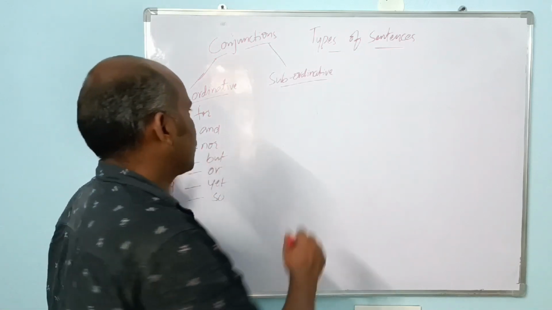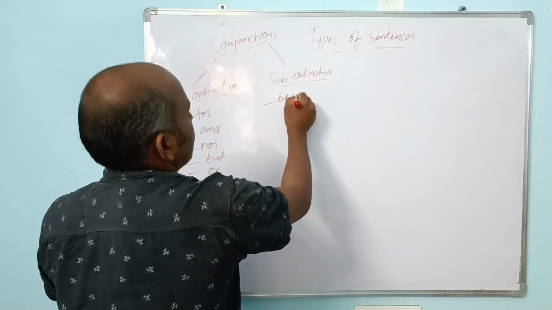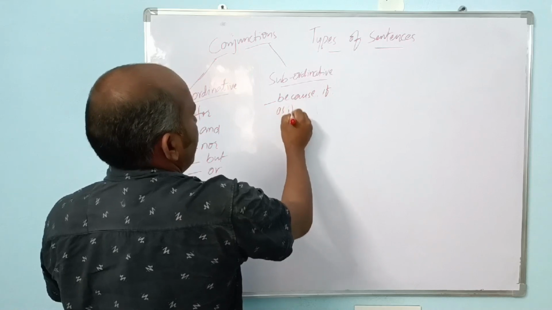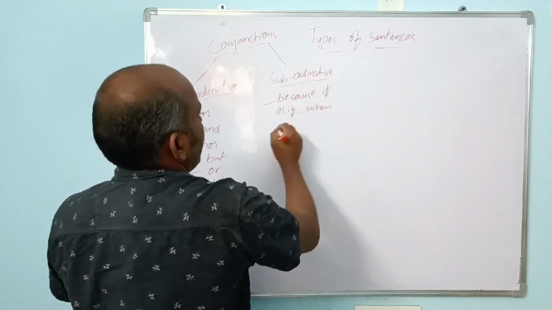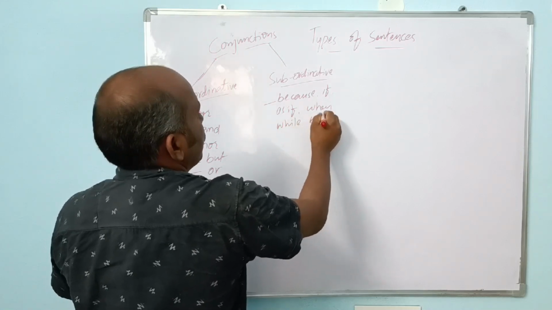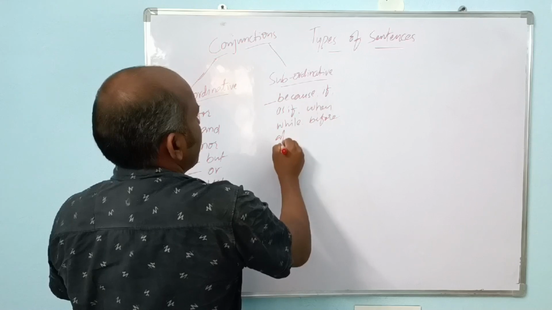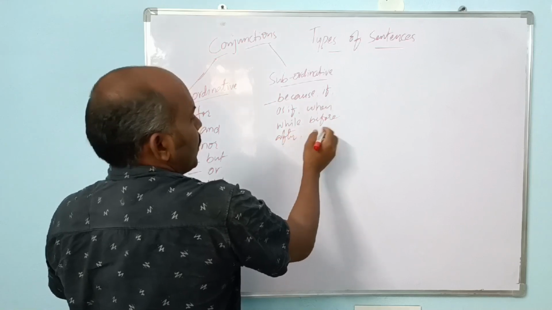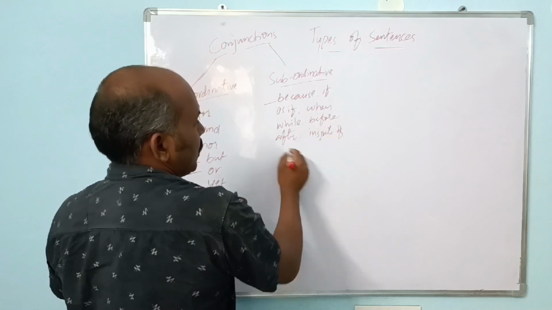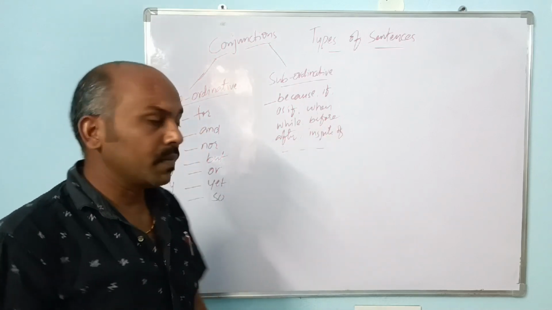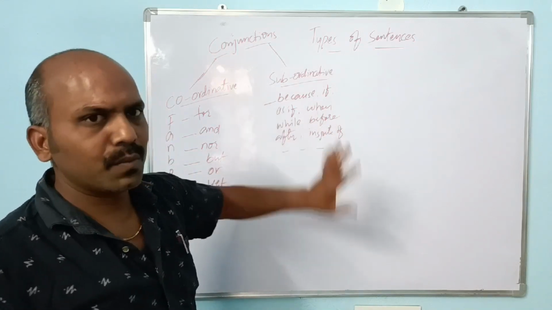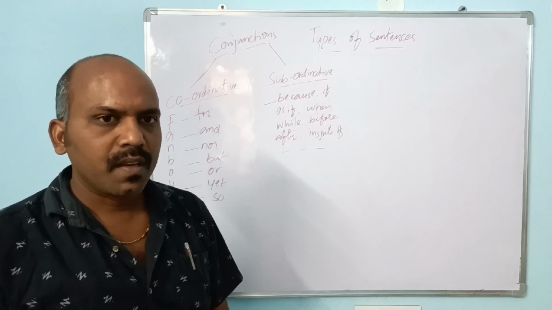And subordinative conjunctions are because, if, as if, when, while, before, after, in spite of, and so on. Coordinative conjunctions are limited, but subordinative ones are a few more, which are not mentioned here.